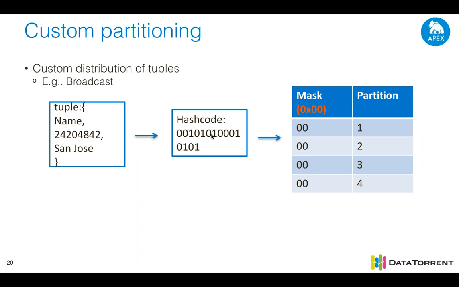This is very rarely used. Let's say you have an operator that receives something like a query, and you want to send the query to all the partitions. You can do that. Again, this is just to show the flexibility, not that you'll probably use it in real life. In real life, you're almost always splitting the stream.